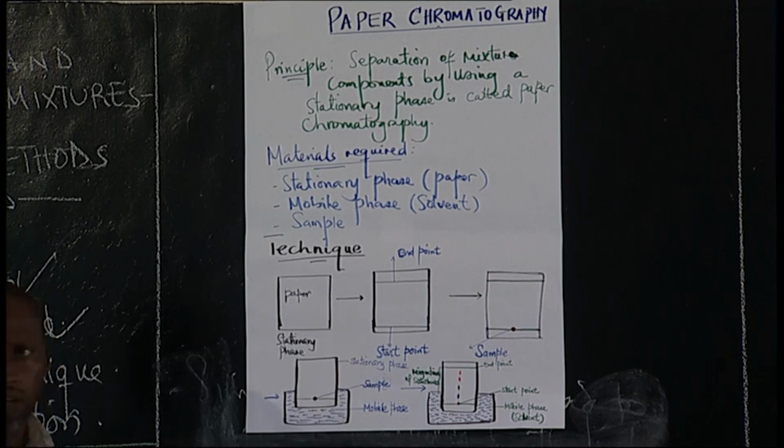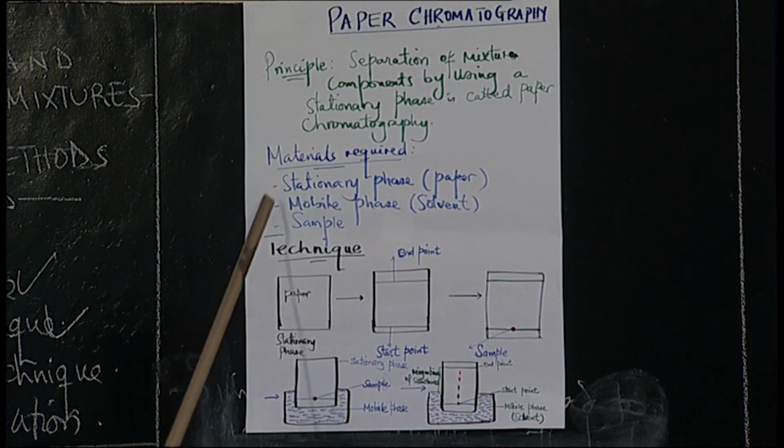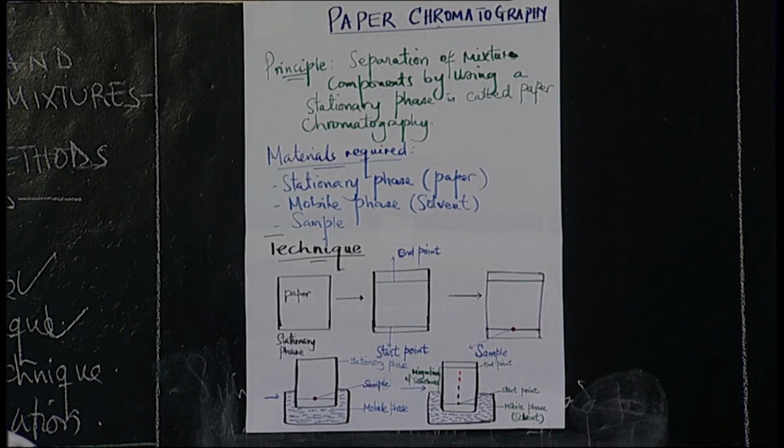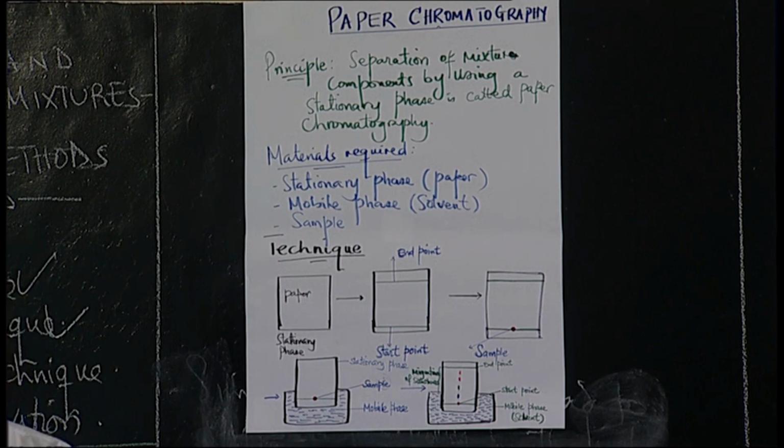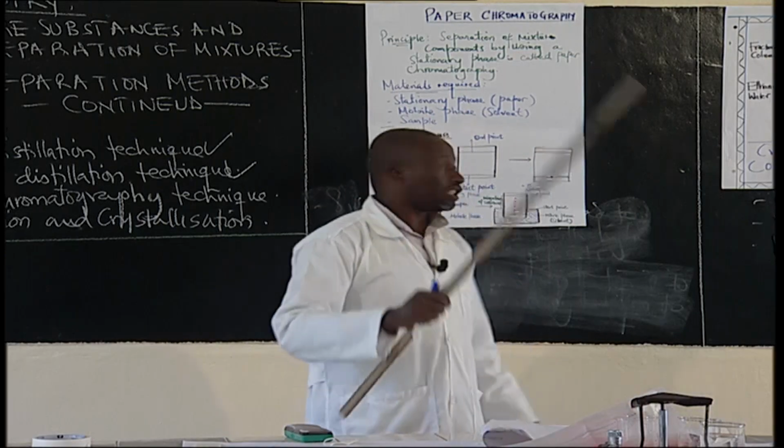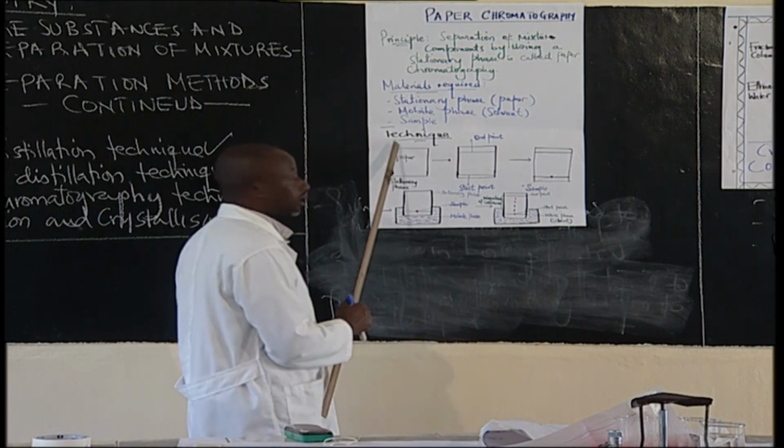The materials, what do you need when you are going to separate using paper chromatography? You need a stationary phase. That is a paper, not any paper like this one. We'll see the type of paper that is required.